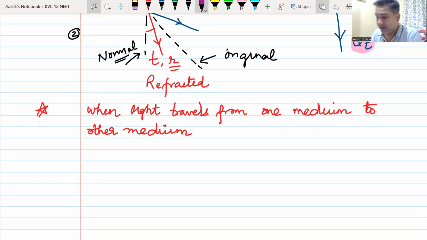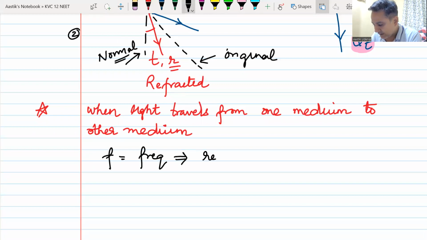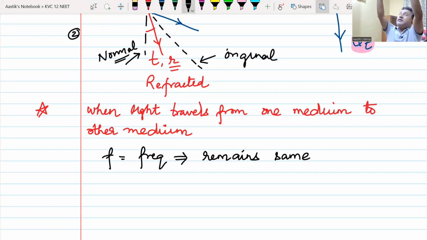So when light travels from one medium to other medium, f, which is the frequency of light, remains the same, because this frequency is determined by the source of light. Right now the source of light, I think, is my LED bulb. The frequency depends on what frequency it is emitting light.